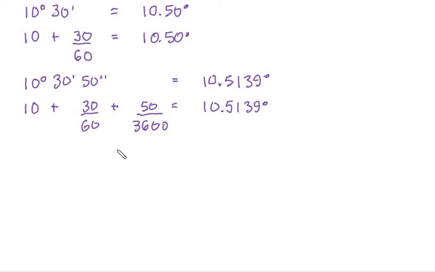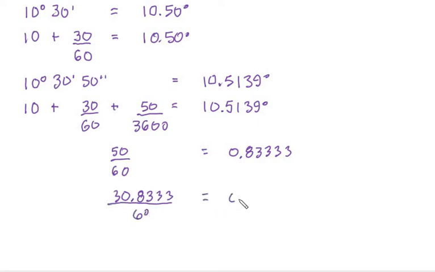Now, how I actually do that on my calculator anyway is what I first do is I take the seconds. So I take the 50, divide that by 60. And that equals 0.83333. I take that number and I add that to my minutes. So now I have 30.8333, and I divide all of that by 60.